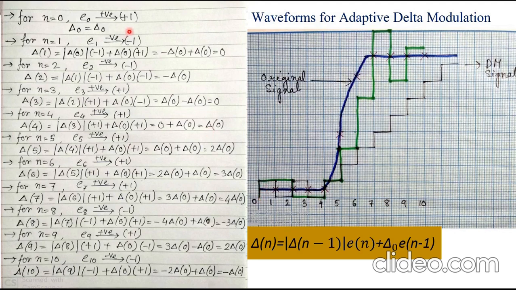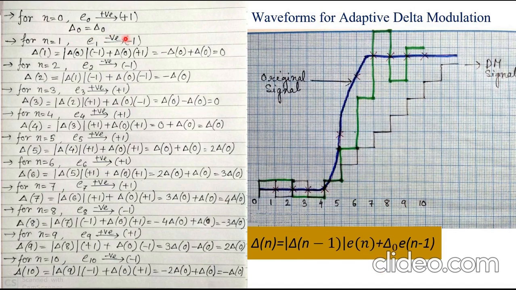So just applying that basic formula, you will have the first delta, that is delta 0, and already we have considered delta 0. So you just take delta 0 equal to delta 0.